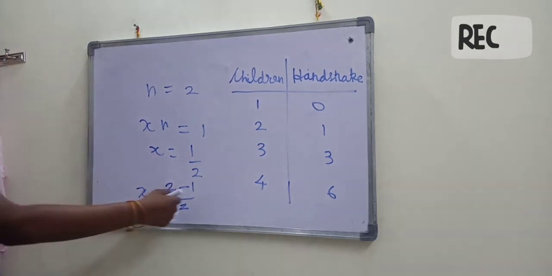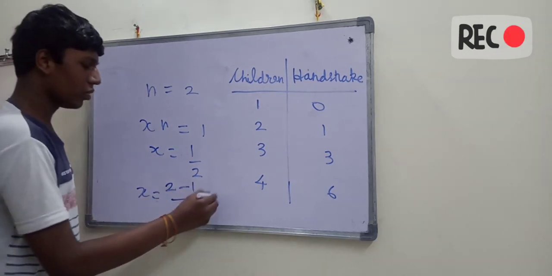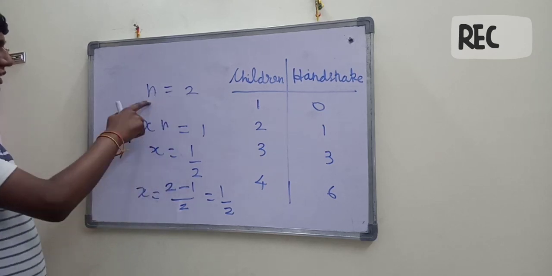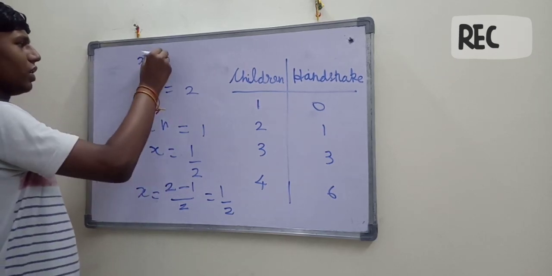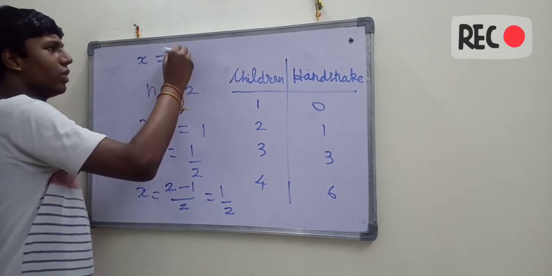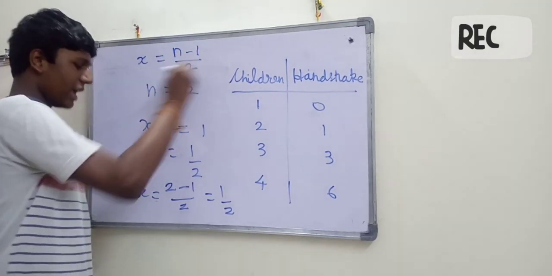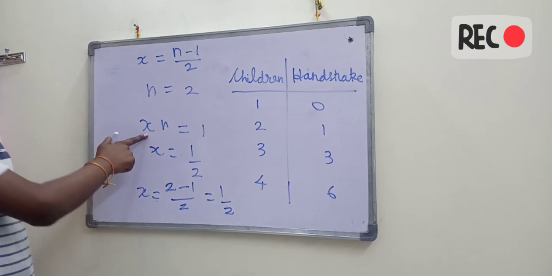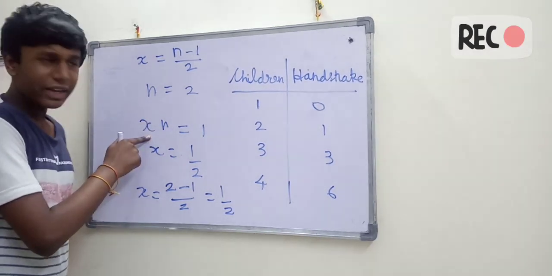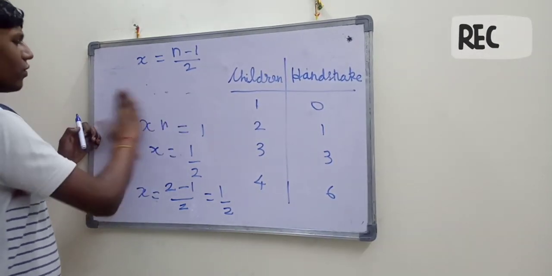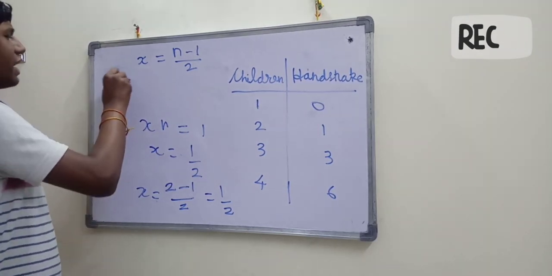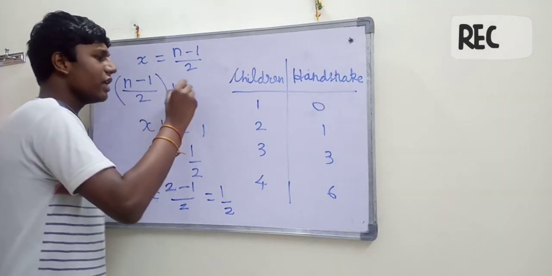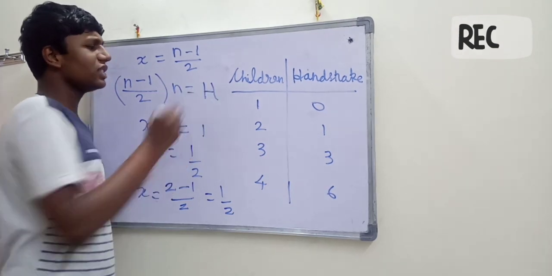So x is equal to half. In place of 2 I would place n, so therefore we would get x is equal to n minus 1 by 2, and now I would put it in this equation, that is, n minus 1 by 2 into n is equal to the number of handshakes.